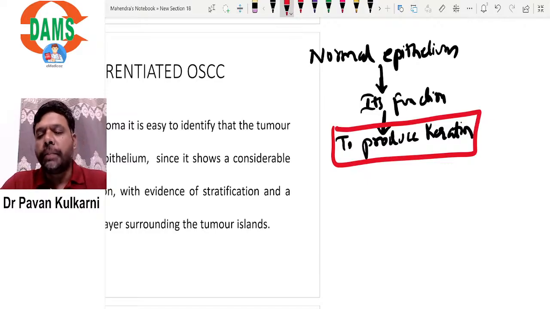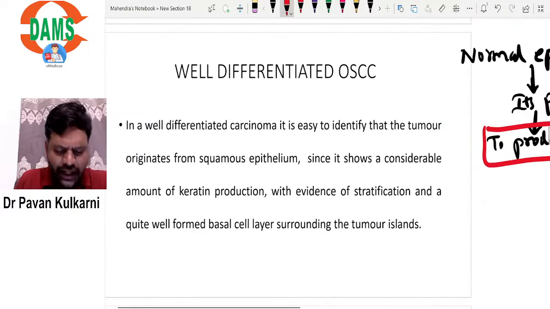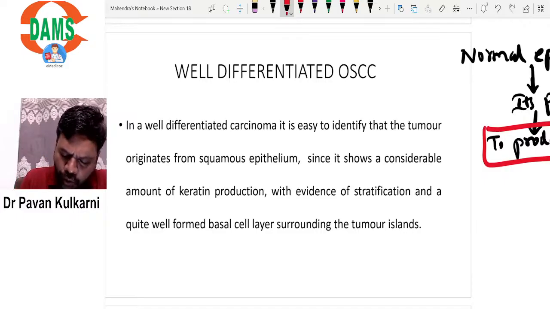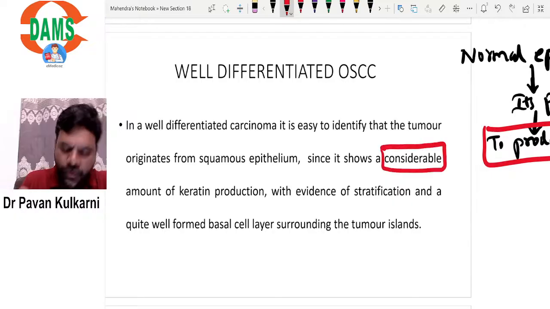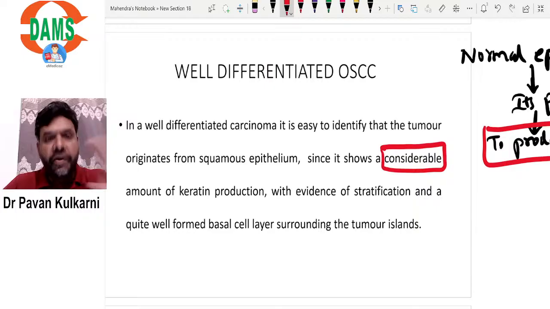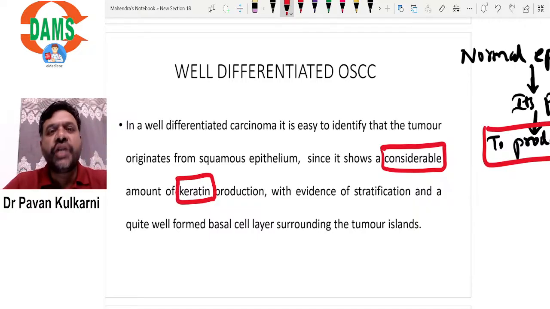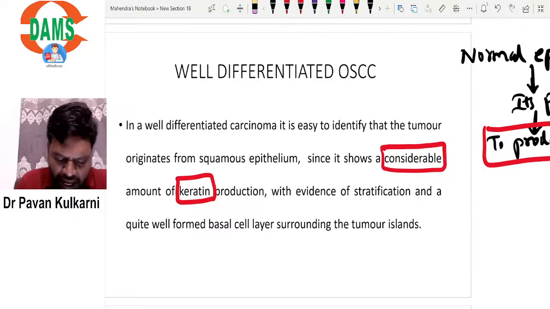That is what the paragraph tells: in a well differentiated tumor, it is easy to identify that the tumor originates from squamous epithelium since it shows a considerable amount, that is, a maximum amount, of keratin.